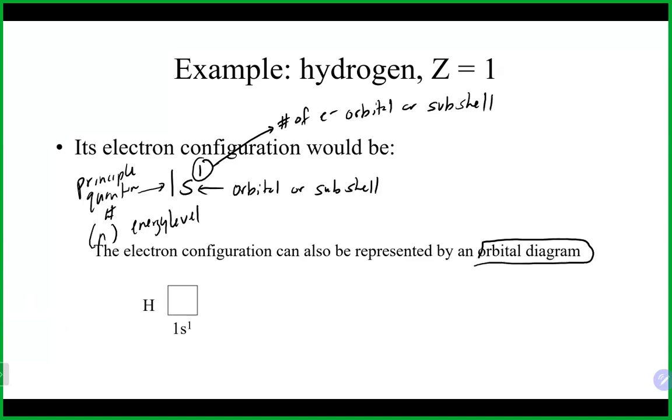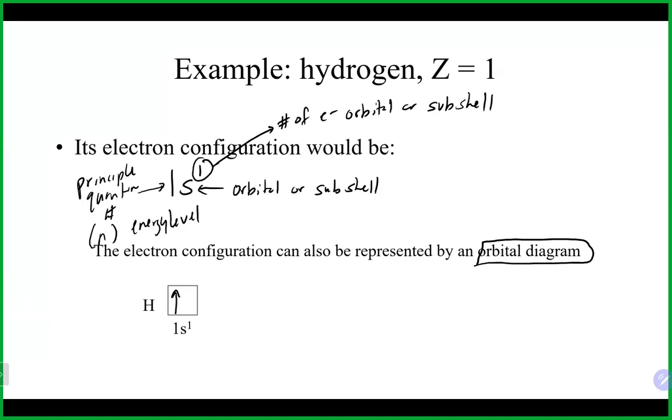Now, we could also show electron configuration with what is referred to as an orbital diagram. An orbital diagram will typically use either a box or a line to represent the orbital, and we typically use an arrow to represent the electrons. So in this case for hydrogen, we just have a 1s box, and we would need one arrow. The first arrow always points upwards.